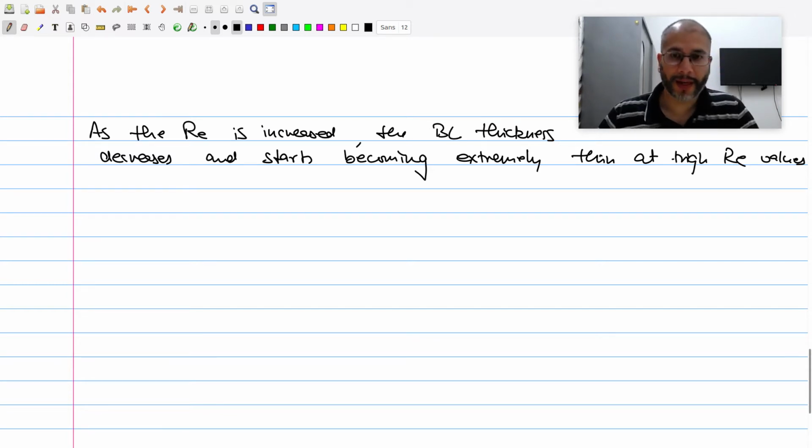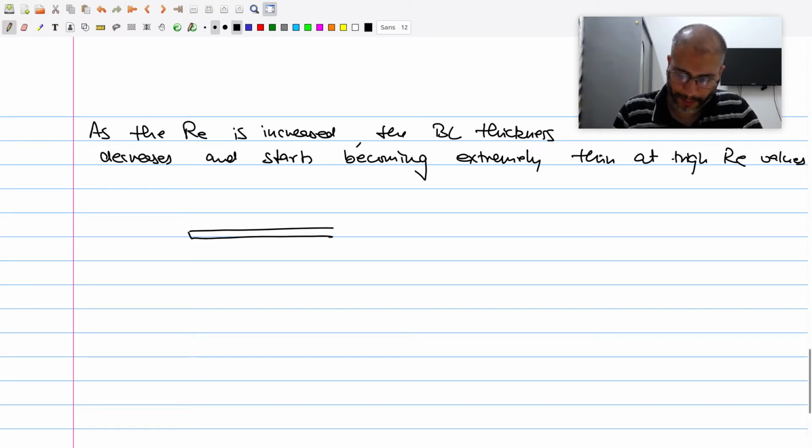But does that mean that we can neglect the boundary layer if the Reynolds number is high? The answer is no, because if you neglect the boundary layer, then where is the shear stress coming from? Even though the boundary layer thickness is very thin, let's say at high Reynolds number, this is what we see. So this is the boundary layer region, and this is the free stream region.